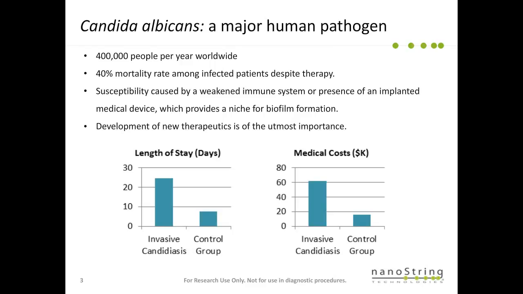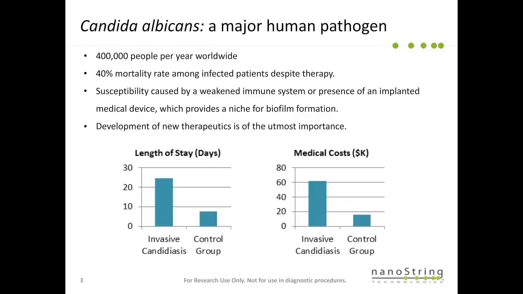Candida albicans is a major human pathogen. It affects more than 400,000 people worldwide per year. And among those patients, there is a very significant death rate. There's about 40% mortality rate among the people with invasive infection by this pathogen, even with hospitalized therapy.